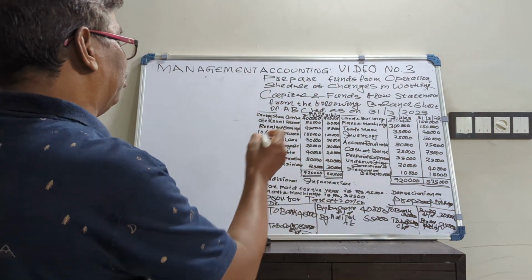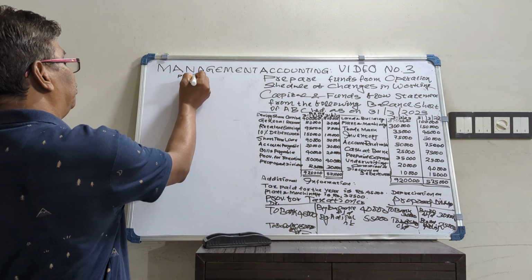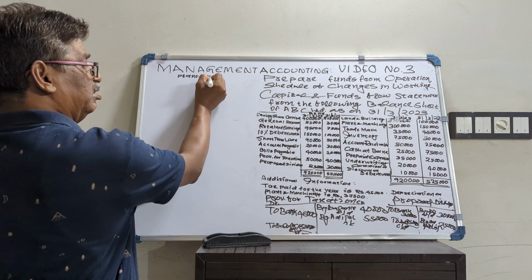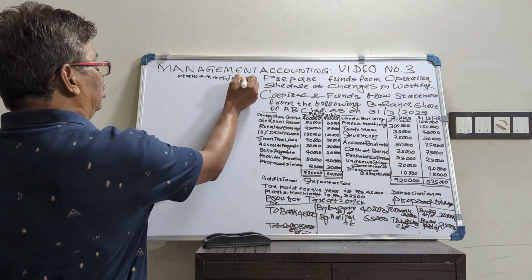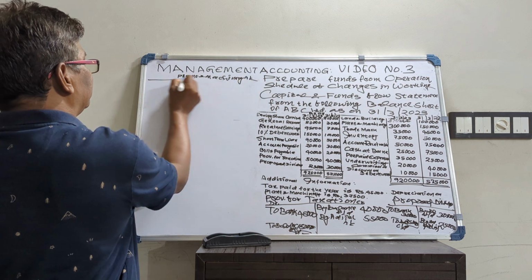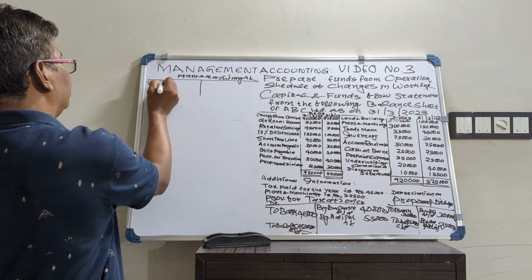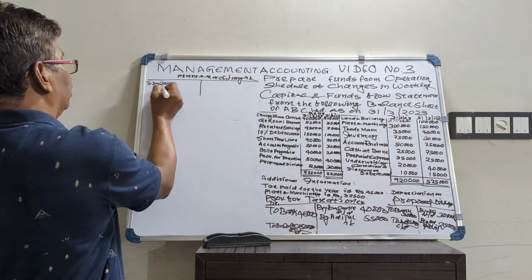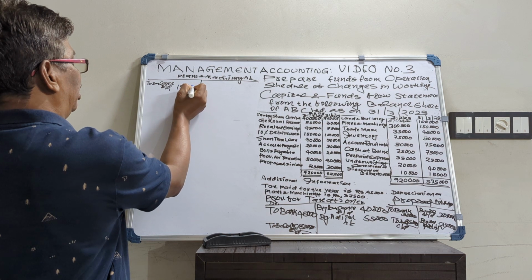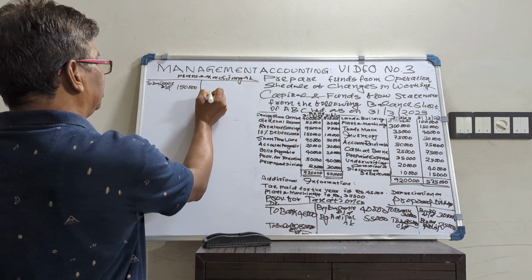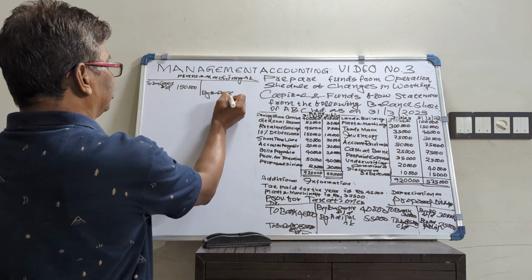Then we will prepare one plant and machinery account. On plant and machinery account, opening was, it is assets, so debit balance. So debit side, right, to balance brought down. This is 1,50,000 and credit balance is 3 lakh by balance carried down 3 lakhs.